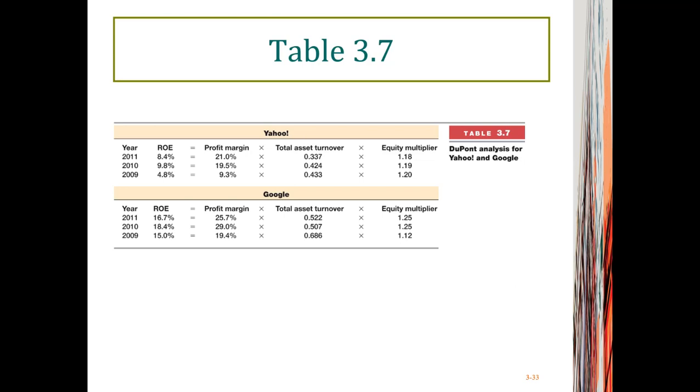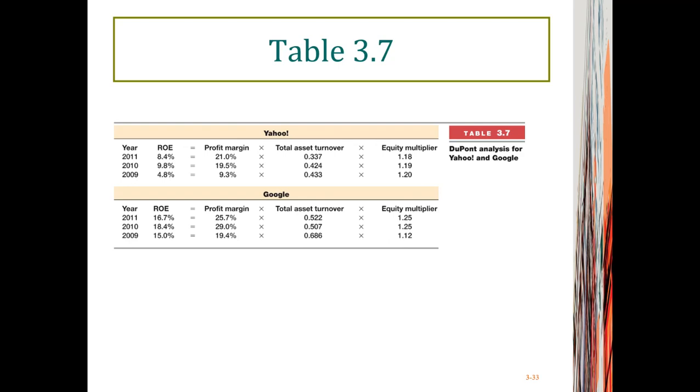They are competitors in the market, and in order to understand the difference, we need to do DuPont analysis. Let's take a look at what's the difference in profit margin, total asset turnover, and equity multiplier. So here, when you look at the profit margin, you find that Google has better profit margin. For each dollar of sales, Google is generating more profit. So the source of profit is stronger in Google. That explains why ROE is higher.